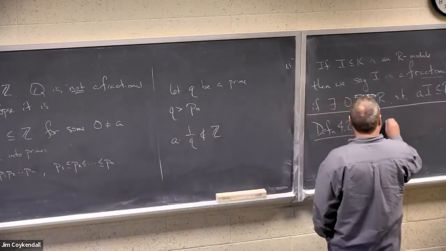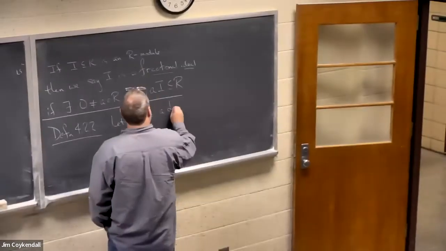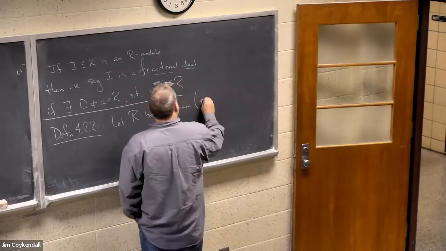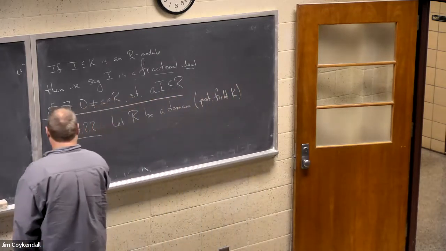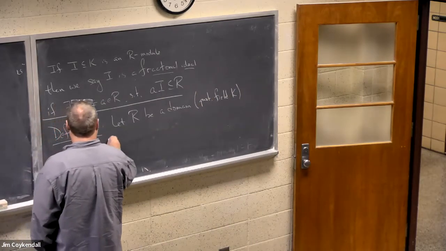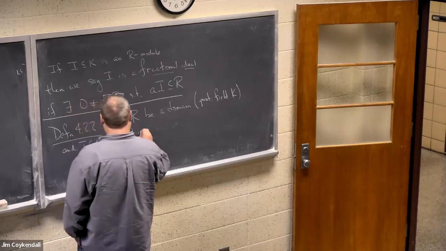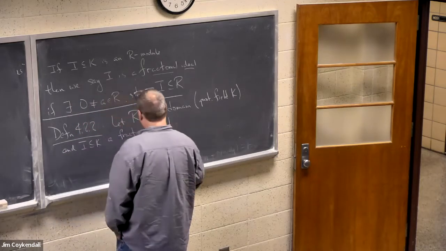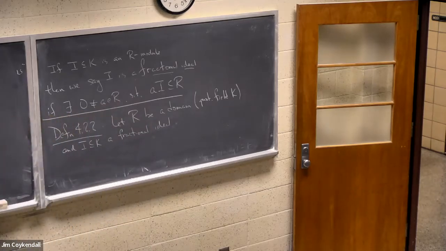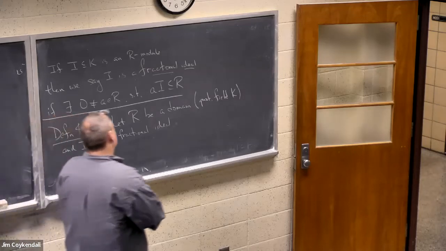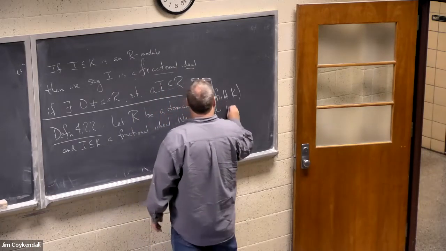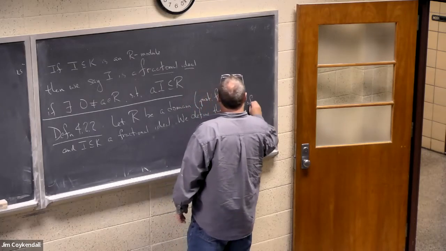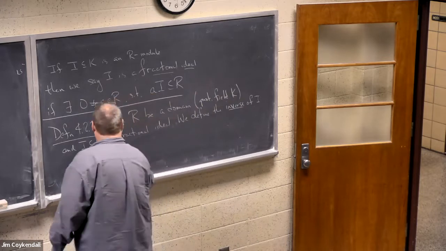Let I be a fractional ideal of R, with quotient field K. We define the inverse of I thusly.